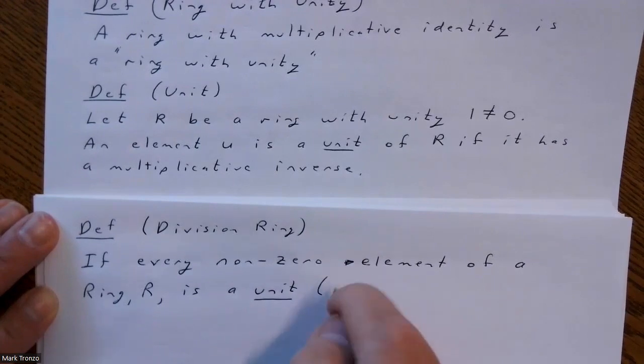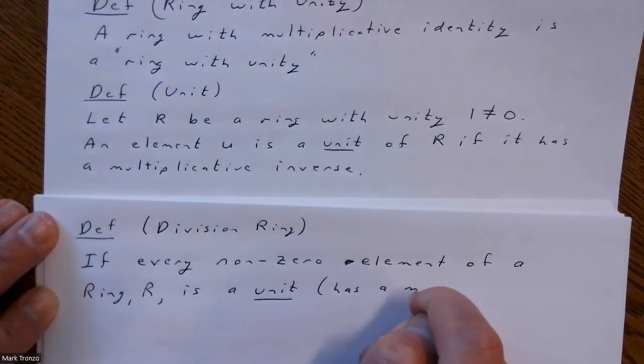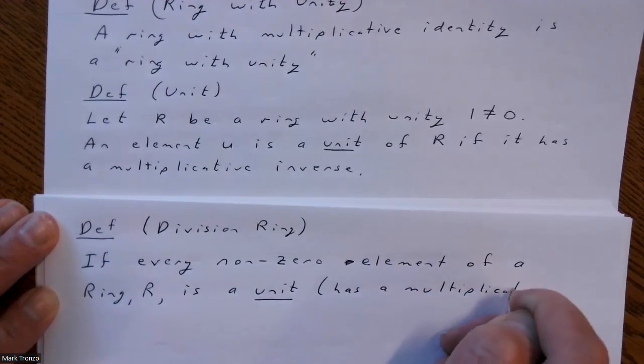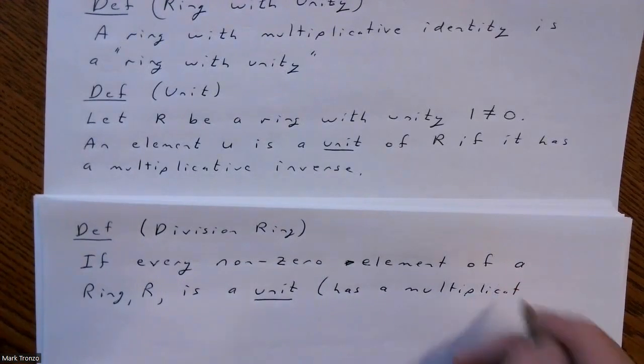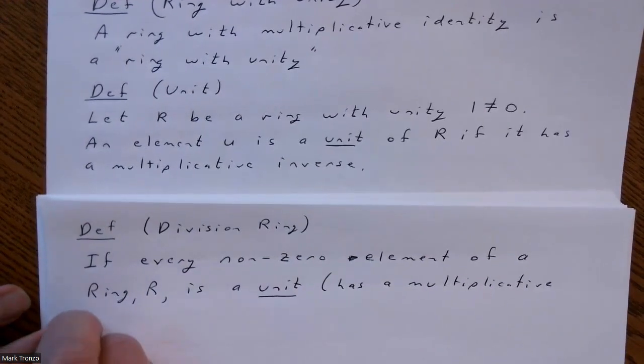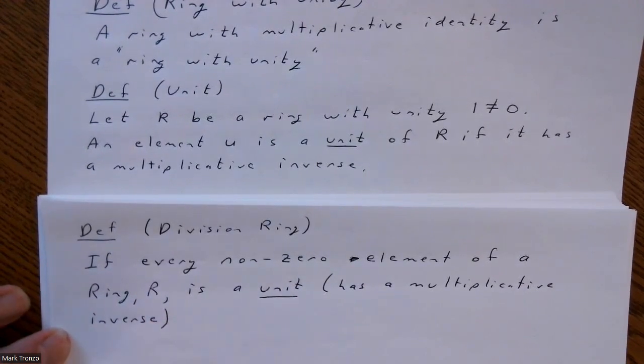remember that just says has a multiplicative inverse. If every non-zero element has a multiplicative inverse, then R is a division ring.